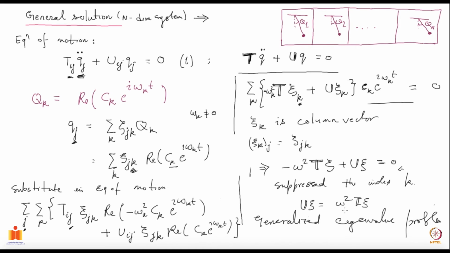Let me write it down in the following form: omega square t minus u, acting on xi, equal to 0.